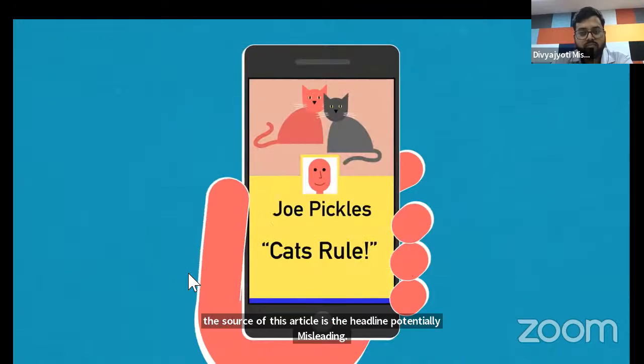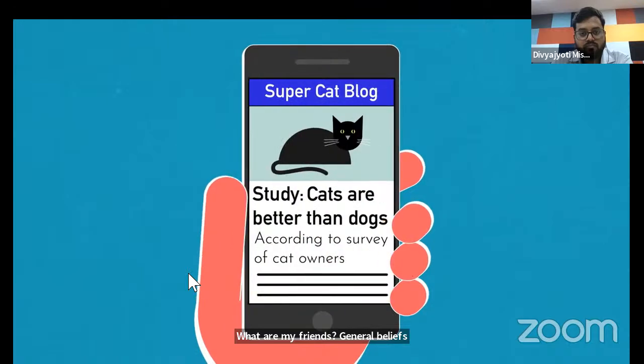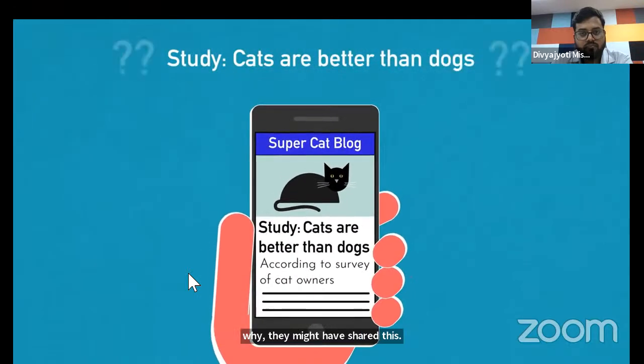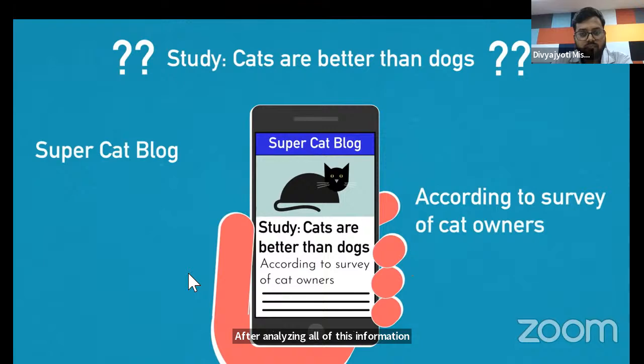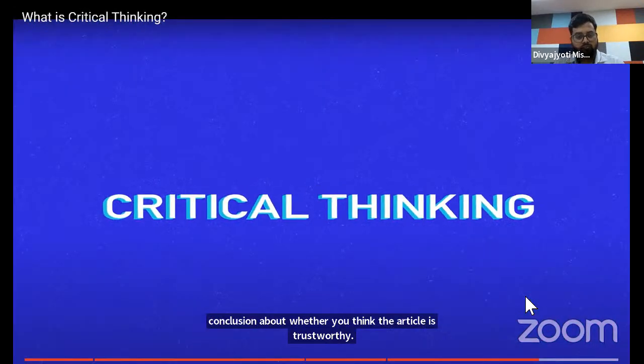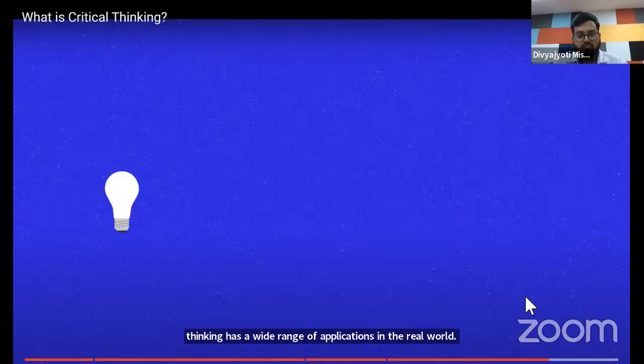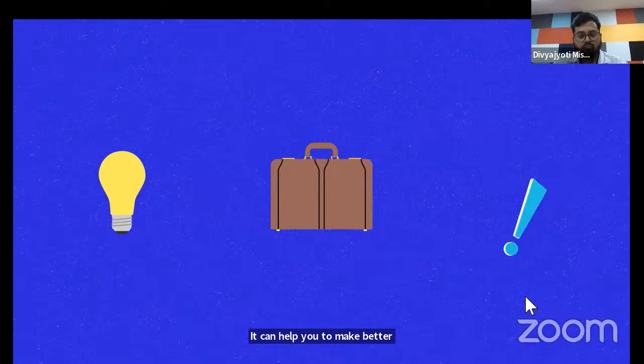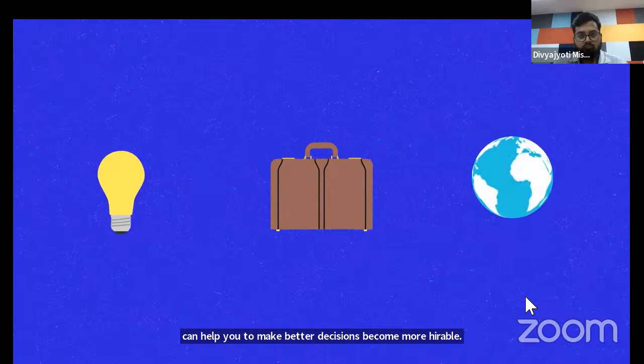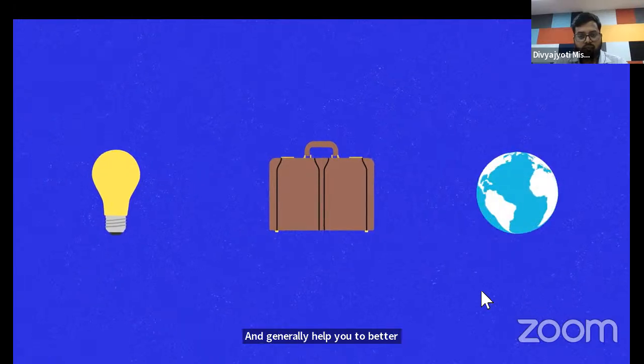What are my friend's general beliefs, and do they inform why they might have shared this? After analyzing all of this information, you can draw a conclusion about whether you think the article is trustworthy. Critical thinking has a wide range of applications in the real world. It can help you to make better decisions, become more hireable, and generally help you to better understand the world around you.